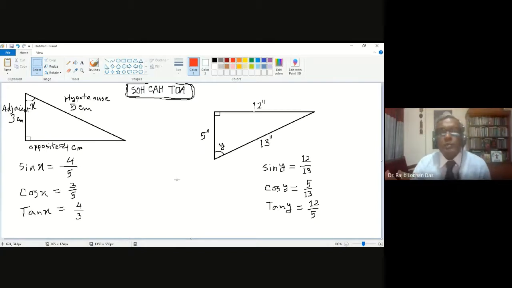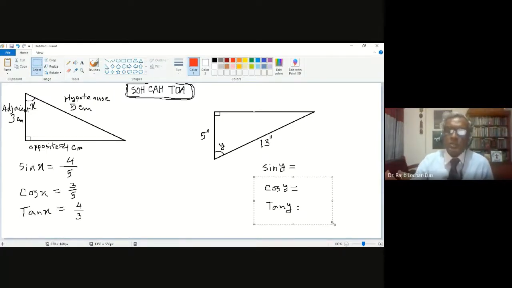Is there any problem? Say I am not giving you 12. I am giving you, this is 5 inches, this is 13 inches, and I am asking you to find sine y. Then what will you do?